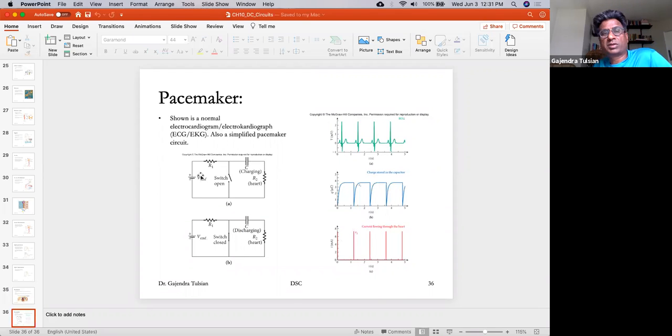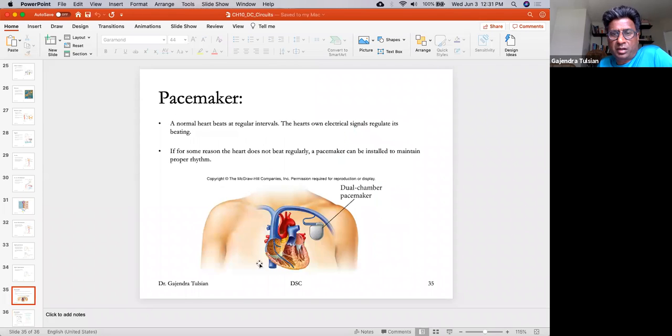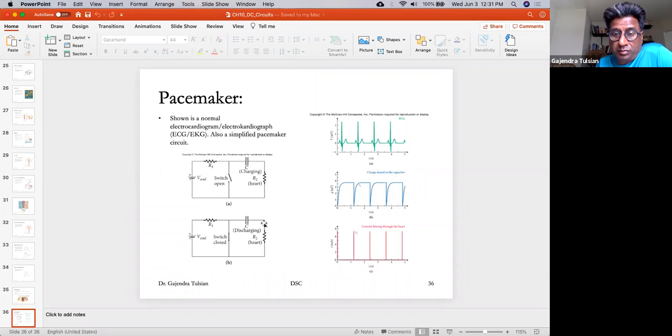Here's the switch for the pacemaker. When the switch is open, the capacitor charges, and then you close the switch and the capacitor discharges through your heart. When the capacitor discharges through your heart, it's giving a shock at the right place. Let's say the first shock is there, and then the second shock will be there. So there might be two circuits like this.